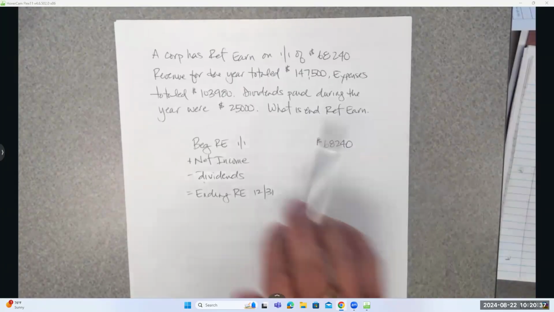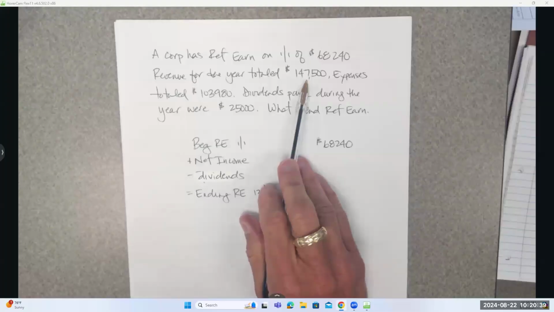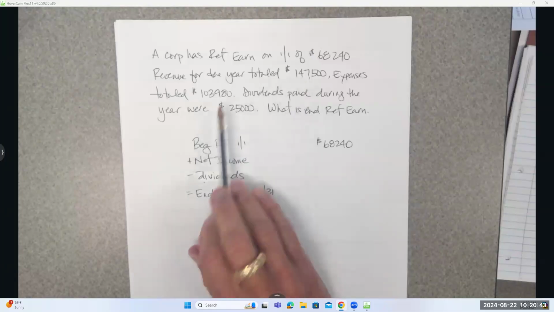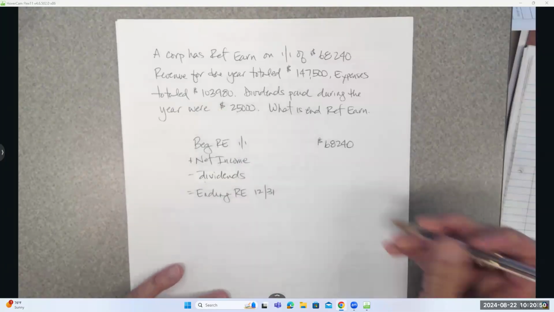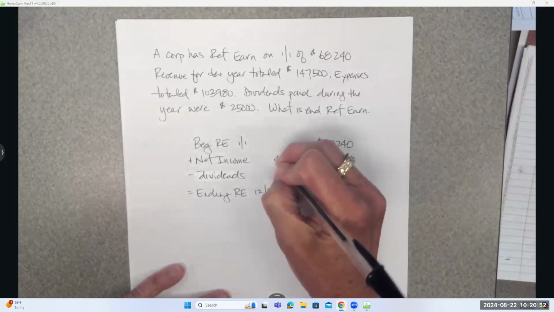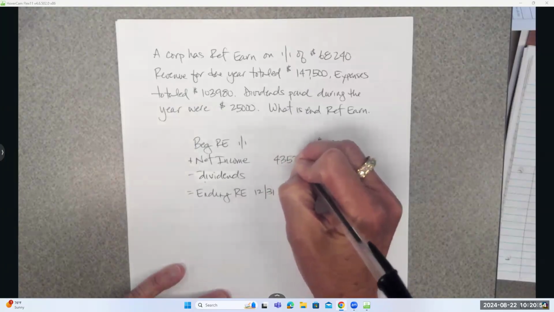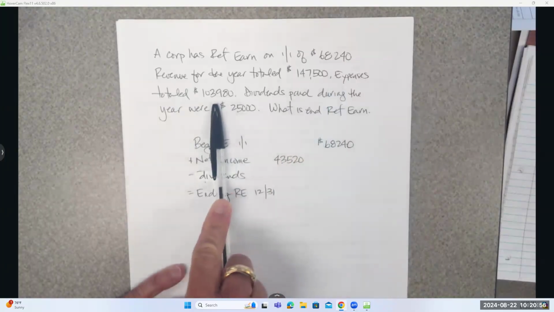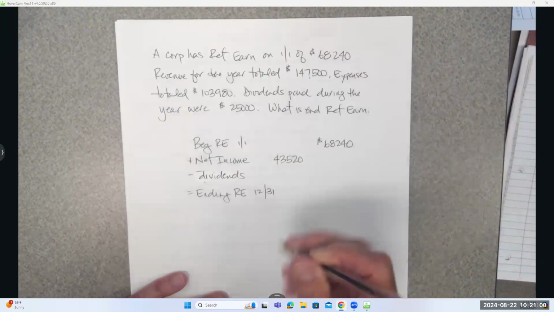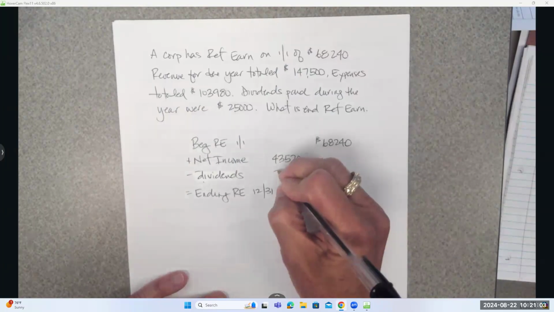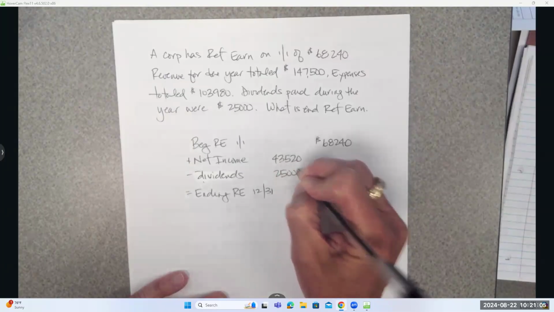How do you get net income? Revenue minus expenses. 147,500 minus 103,980 is 43,520. Revenue minus expenses minus dividends of 25,000.